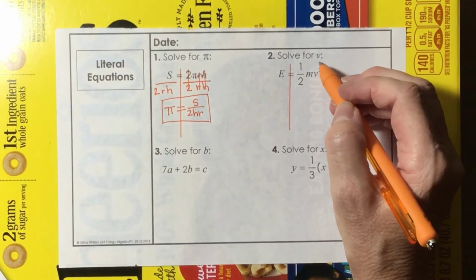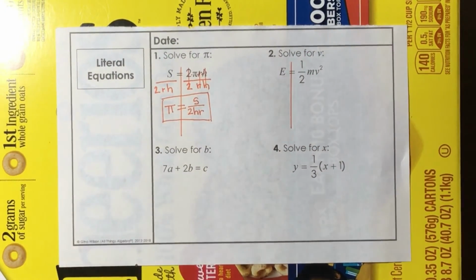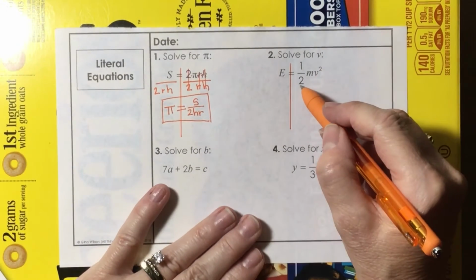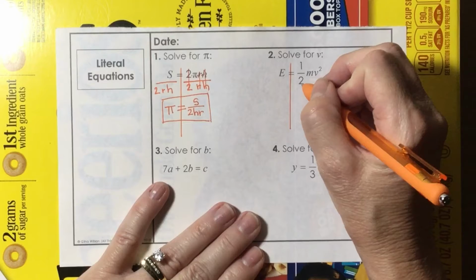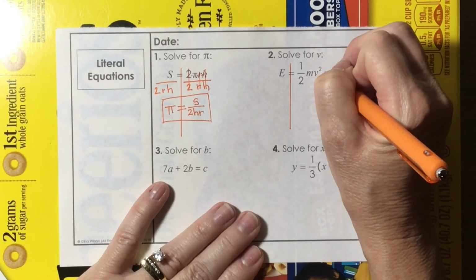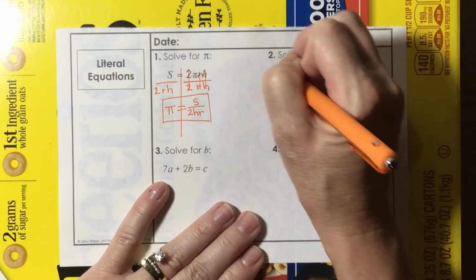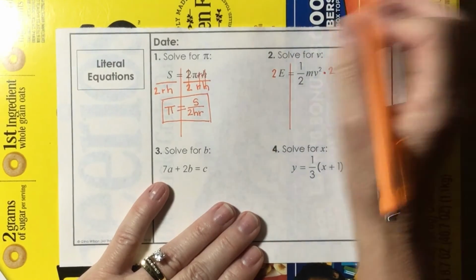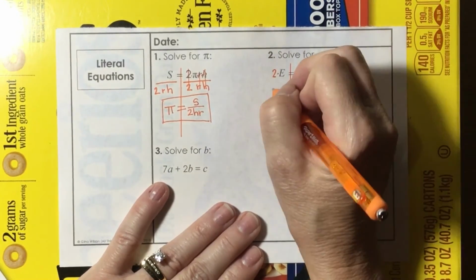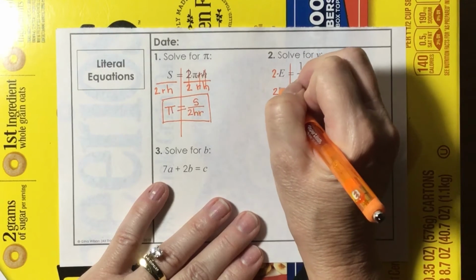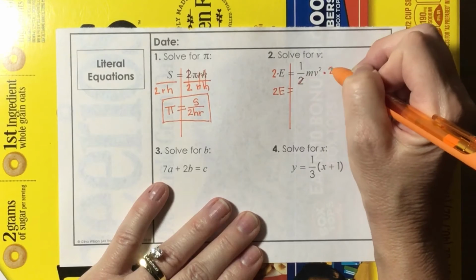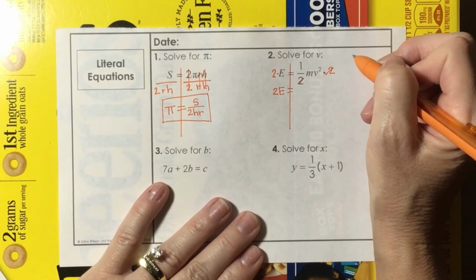So over here, we need to solve for v. So let's see, what should we do first? I think I'm going to clean out that fraction first. So I'm going to go ahead and multiply this side by 2. So that means I'll multiply this side by 2, and 2e is the same thing as 2 times e, right? So on this side I have 2e equals, and this 2 will cancel out this 2, leaving us with just 1.